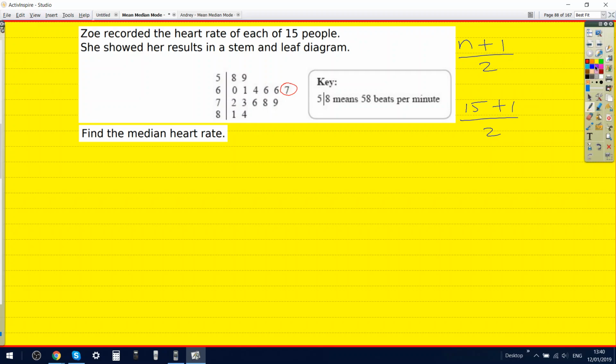Well done. So it's not just 7, it's 67. Basically, if there's 15, then there's 7 lower than it and 7 higher than it, so it's the one in the middle. If you're ever stuck, you can cross out first and last, cross out first and last, and keep doing that until you reach the middle.